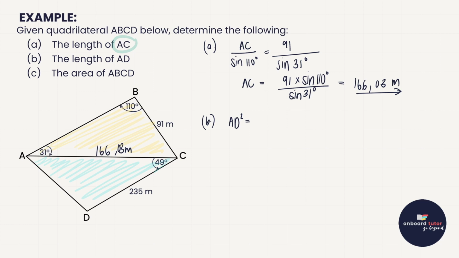Okay, so those are going to get squared. 166.03 squared plus 235 squared minus 2, this is just the formula now that I'm applying, times 166.03 times 235 times the cos of that angle there that they've given me, which is cos of 49. Okay, so AD squared equals. And now this is lucky because actually I can just type this all in. It's always when the angle is missing that we actually have to work quite hard at solving these things.